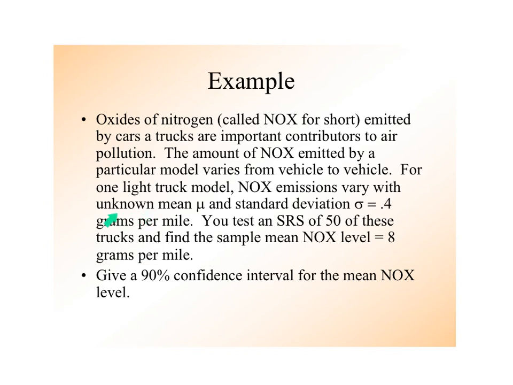So notice that it says an unknown mean, because we're going to use confidence intervals to estimate this mean. But they did happen to give us a standard deviation, which is nice. A standard deviation of 0.4 grams per mile. You test a simple random sample of 50 of these trucks.